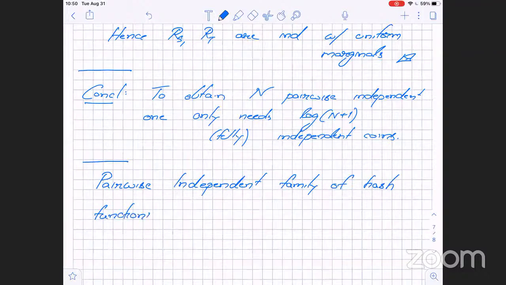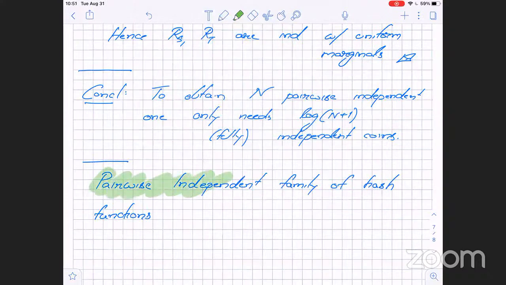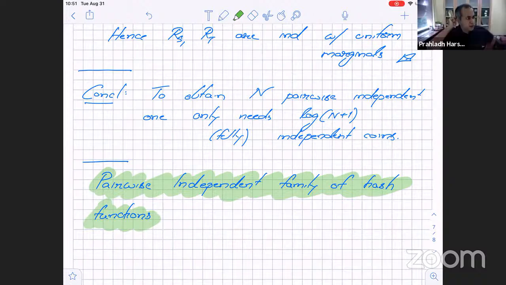The way to compute the E function is to consider the first log n plus 1 vertices as the ones for which you had the independent tosses, right? Or is that the way you are thinking about computing the small e function here? Yeah. So there you will have R1, R2, and so on, and you're computing the conditional expectations. Notice that you will do the same thing, but the point is, it's not hard to do.